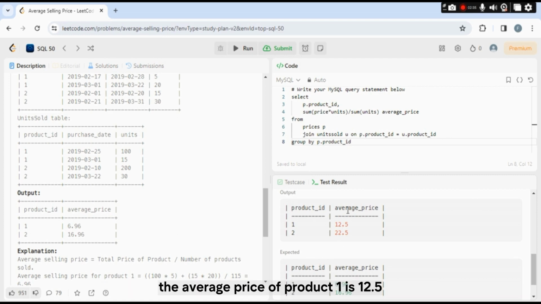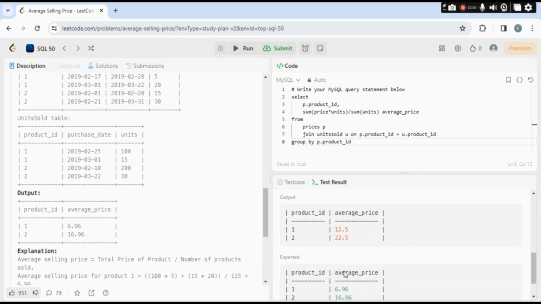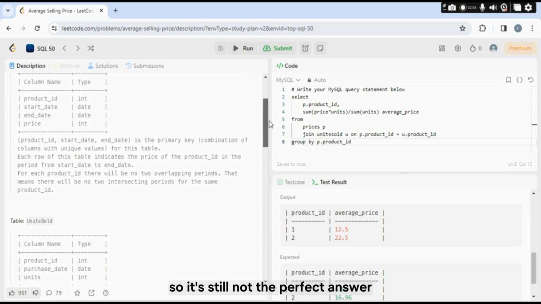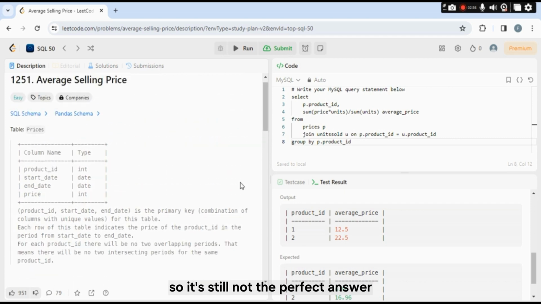The average price of product 1 is 12.5. The expected output for product ID 1, the average price is 6.96. So it's still not the perfect answer.